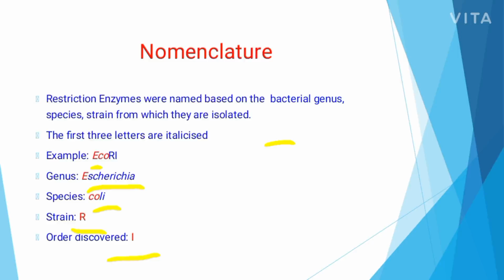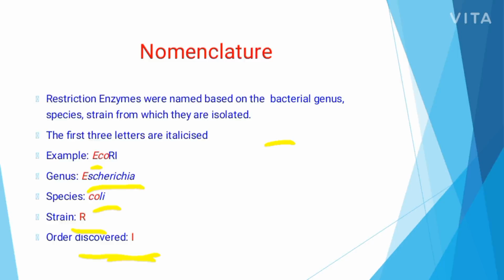So, this is the order in which it is discovered. Suppose in the Eco, that is Escherichia coli R strain, 5 enzymes are discovered: EcoR1, EcoR2, EcoR3, like that. This is the order of discovery.